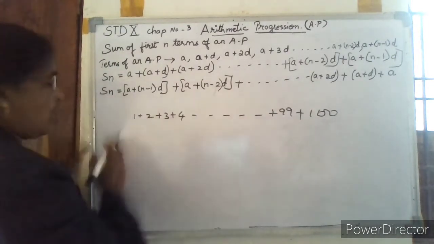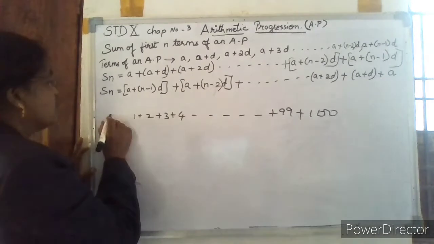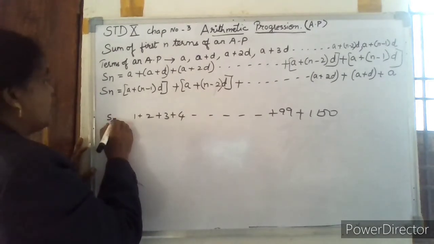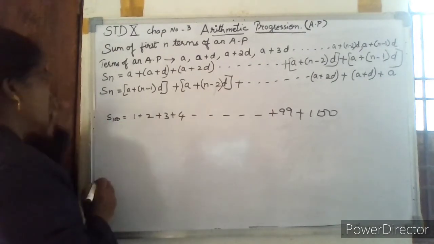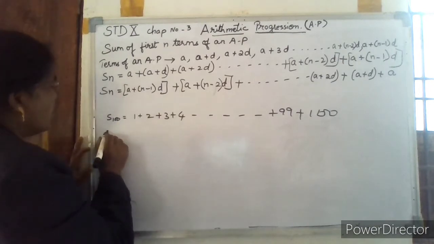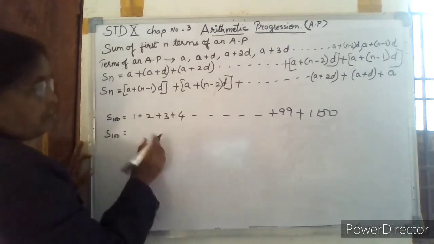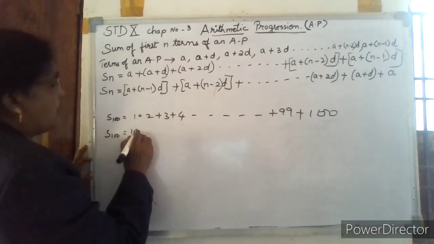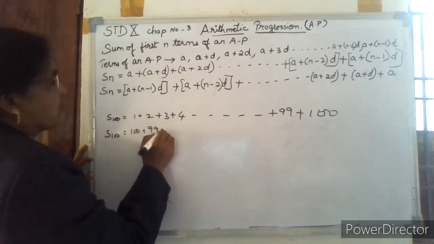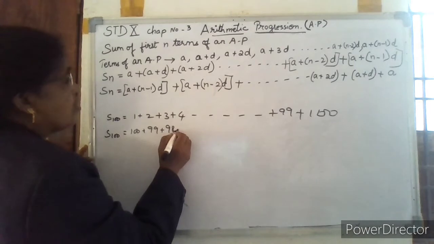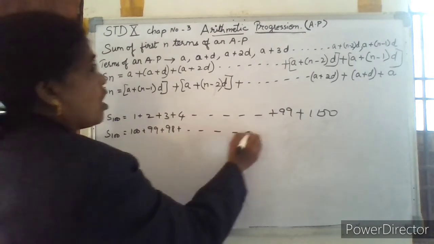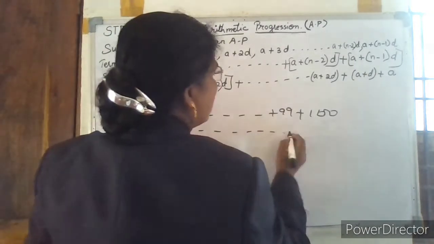Sum of 100 terms is equal to 100 plus 99 plus 98 and so on, up to 2 plus 1.